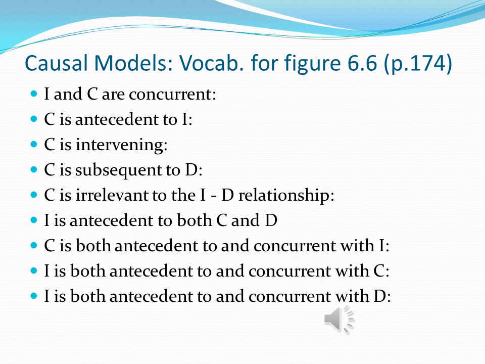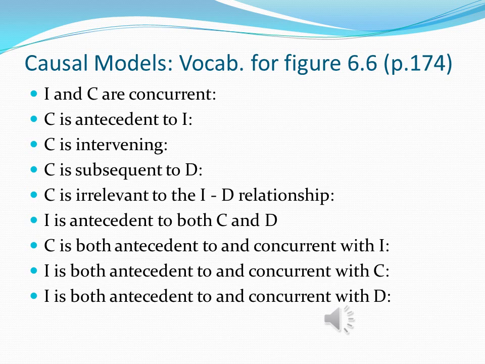Here, notice the I is the antecedent for both C and D. Notice the arrows come from the I and go to the C and the D. And for the next one down, C is both antecedent and concurrent with I. This one, you see, the line goes from C directly to D, but the C goes to I, and then the I goes to the D. That's basically how it builds up from the previous ones.